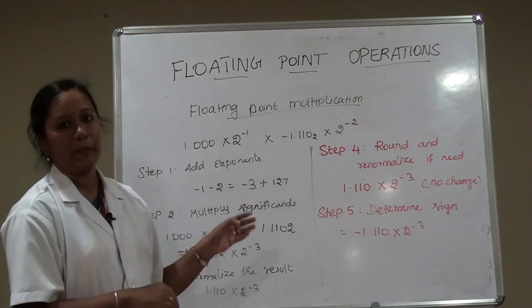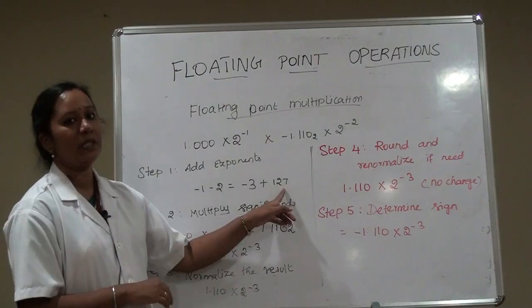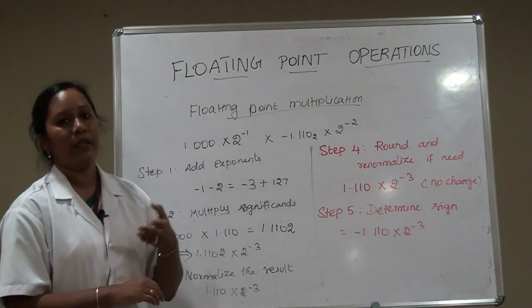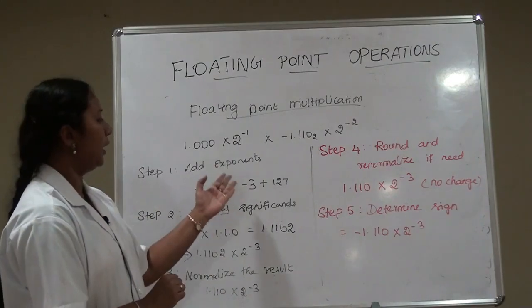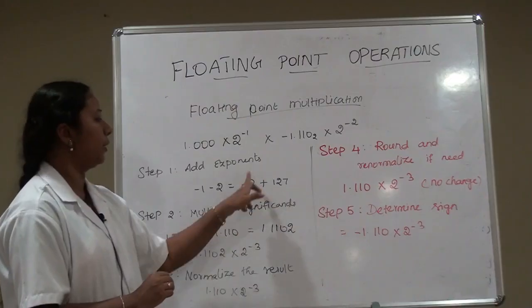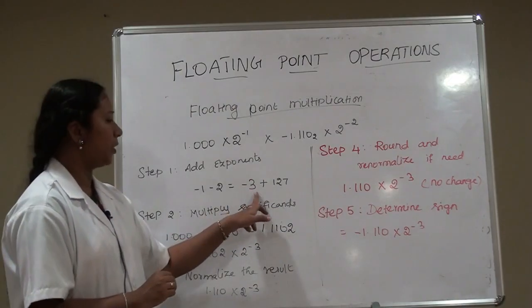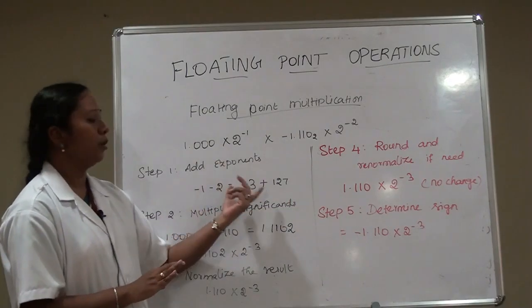As it is a single precision format, the bias value for single precision is 127, and the bias value for double precision is 1023. Here it is only single precision, so I have to add the bias value to the exponent: minus 3 plus 127. Up to this point I have completed the addition of the two exponents.